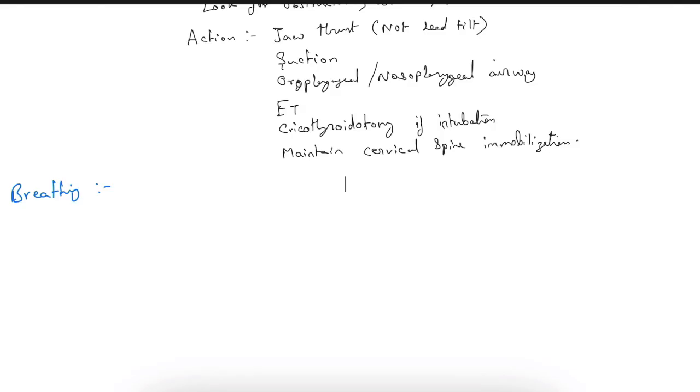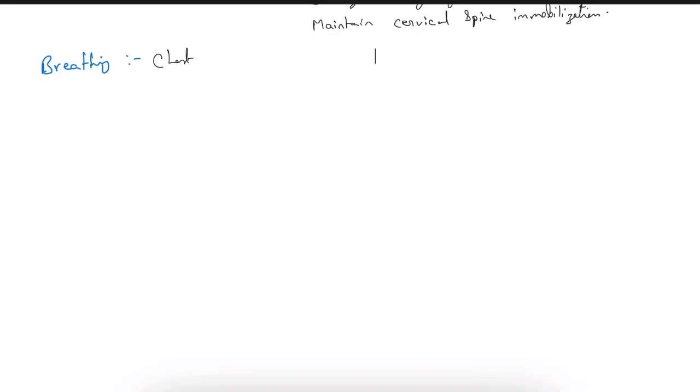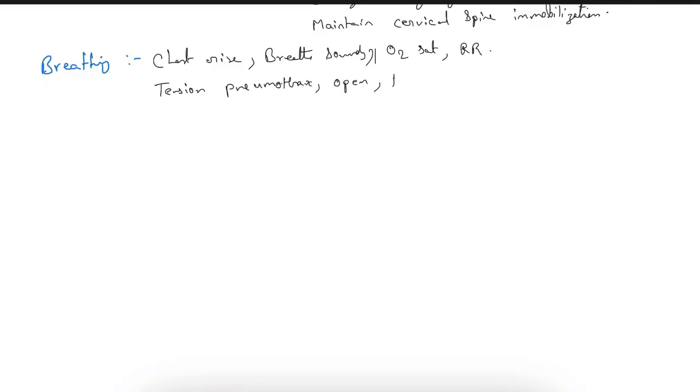In breathing, mostly we have to start with chest rise, and whether breath sounds are coming or not, and we have to check oxygen saturation and respiratory rate, and always look for tension pneumothorax in trauma patients, because this is the most common condition, or open pneumothorax, flail chest, or massive hemothorax.